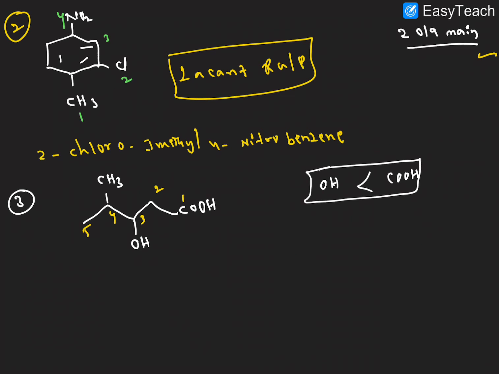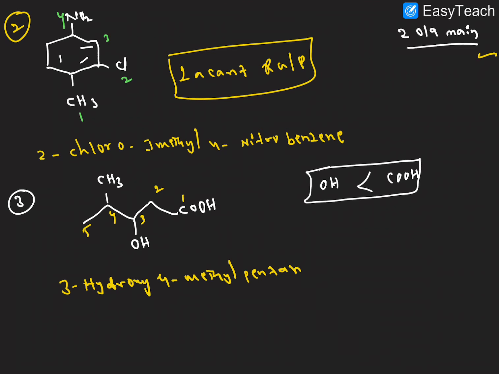According to alphabetical order we write the name. At the 3 place is hydroxy, so 3-hydroxy, and at the 4th place is methyl, so 4-methyl. There are 5 carbons, so penta, pentane.